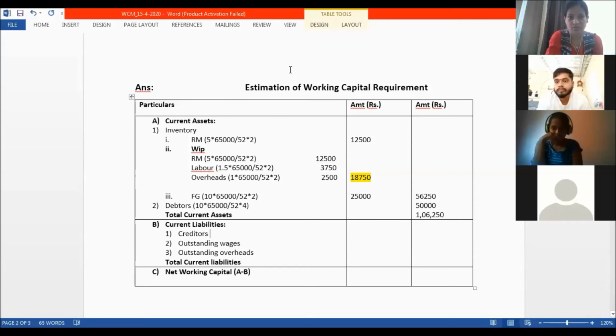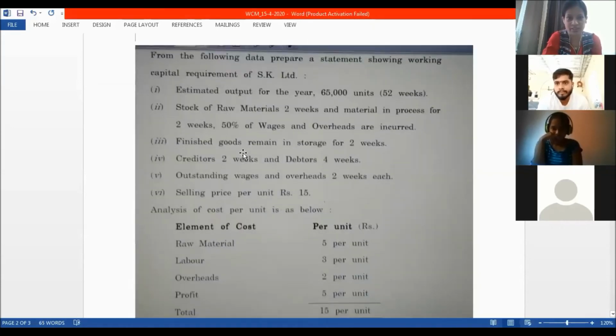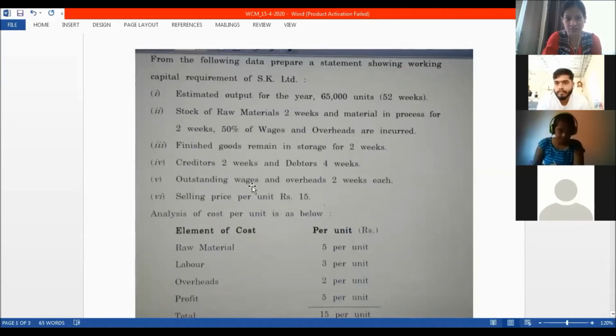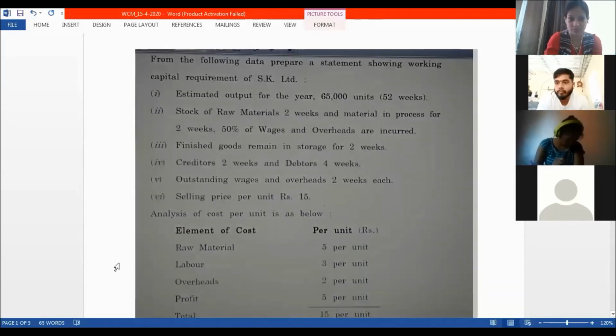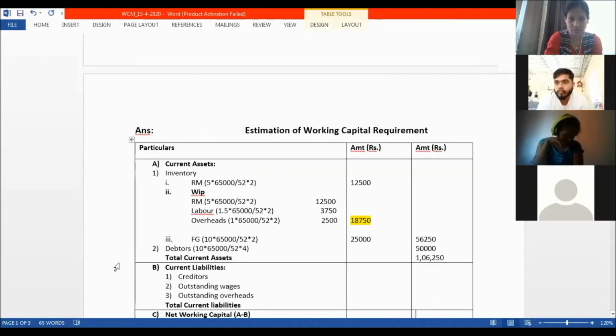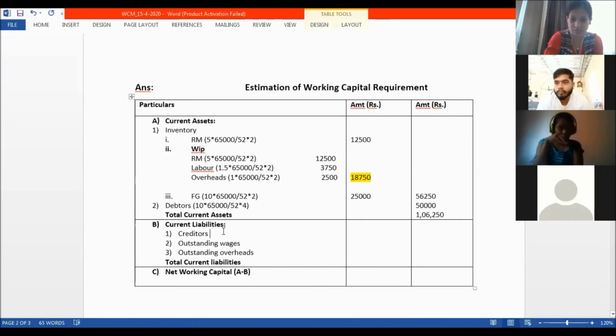Now go to the sum. In the sum, only creditors, wages and overheads. These three are the current liability part. These creditors are the ones from whom you have purchased raw material. The raw material cost will be applicable. Raw material cost is rupees 5 per unit. So creditors will be calculated on the basis of raw material cost, that is 5 per unit into 65,000 units. So that will be the cost of raw material for a year. Okay.